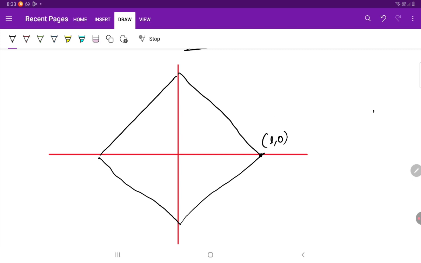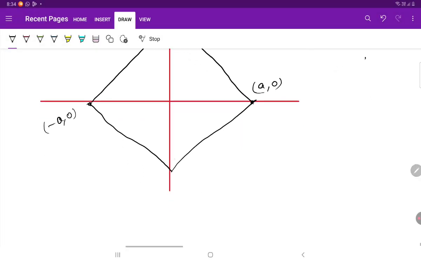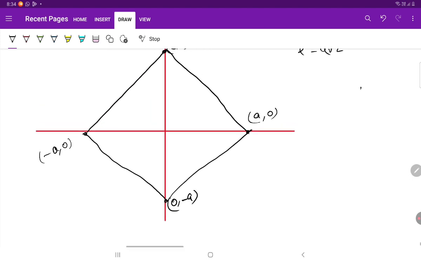Well, it said that the side length is L, so I'm basically writing it as A comma 0, and A root 2 is equal to L. Okay. This is 0 comma A. This is minus A comma 0. And the fourth point is 0 comma minus A.